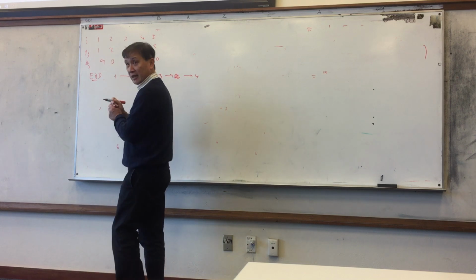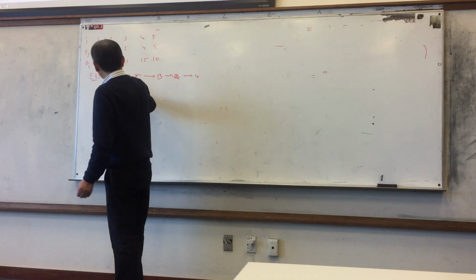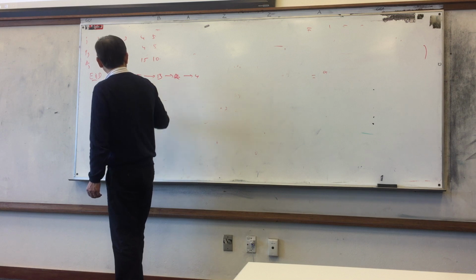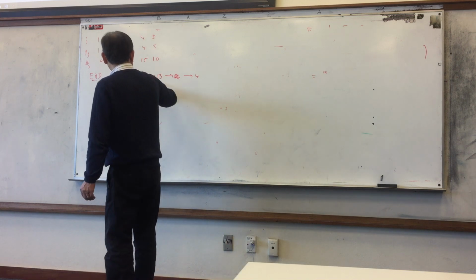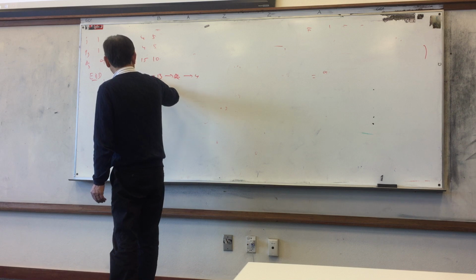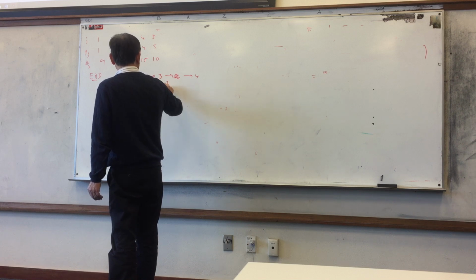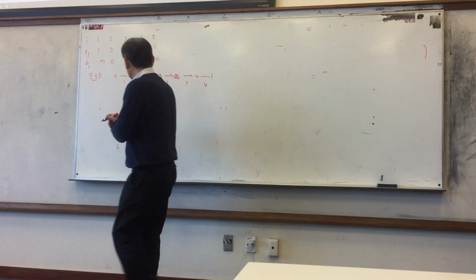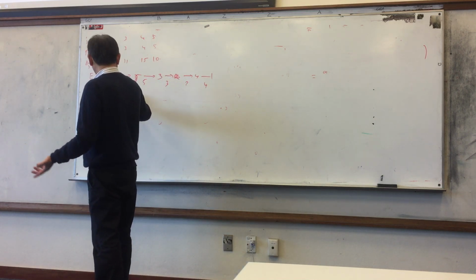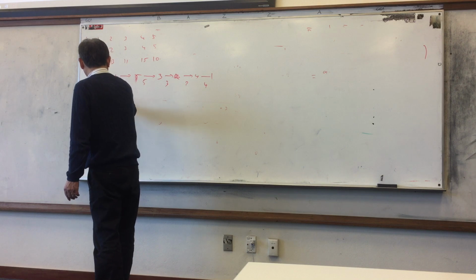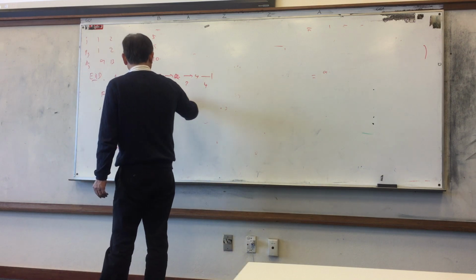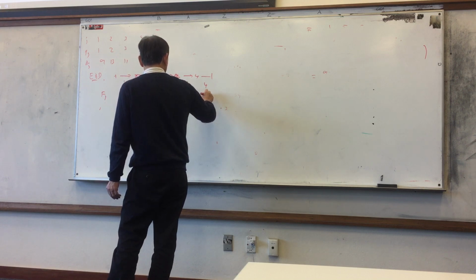Now the actual flow time for this one, I've got 1 here, 5 has a flow time 5, 3 has 3, 2 has 2, and 4 has 4. That gives you the total flow Fj: 1, 6, 9, 11, and 15.